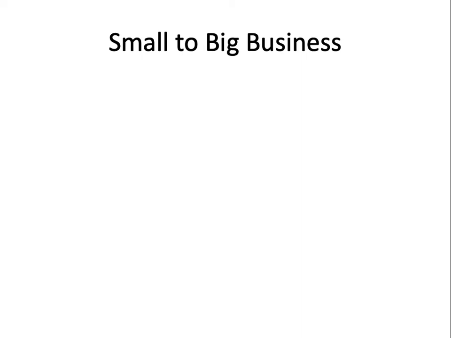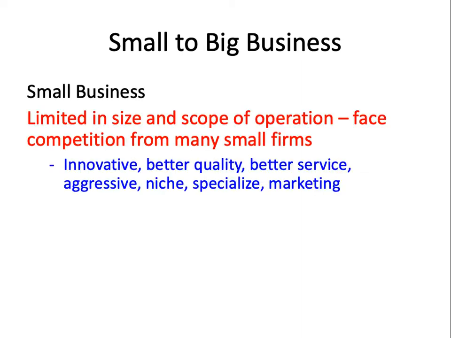So if we look at small and big businesses, we look at small business first. And so we say, what is a small business? A small business typically is limited in size and scope of their operations. They face competition from many, many small firms. These small businesses tend to innovate, try to get better quality, try to offer better services. They need to be more aggressive, oftentimes can be niche in terms of what they offer.